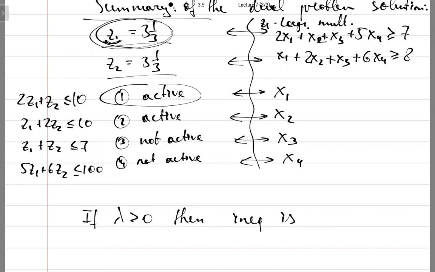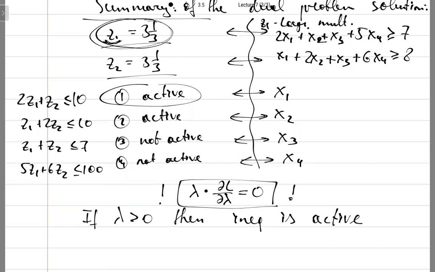Active. Yeah, it is active. Basically, we have a rule that lambda times dL d lambda is 0. That's the main correspondence rule. And if lambda is positive, then instead of inequality, we should have equality.